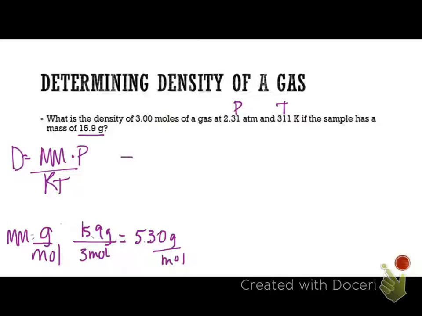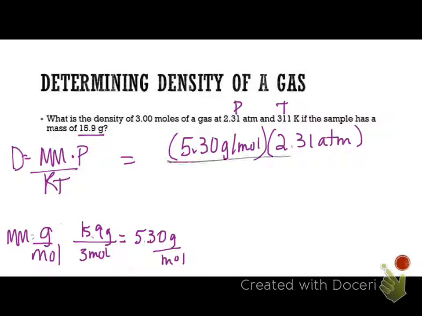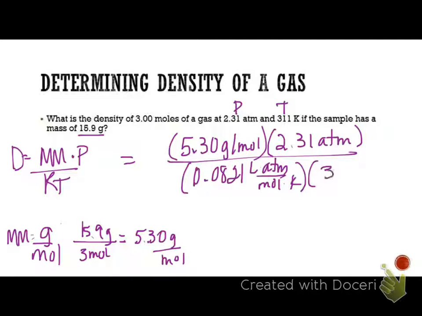So now we can go back up here and plug that in. 5.3 grams per mole times our pressure of 2.31 atmosphere divided by our R value, and temperature, which was 311 Kelvin.